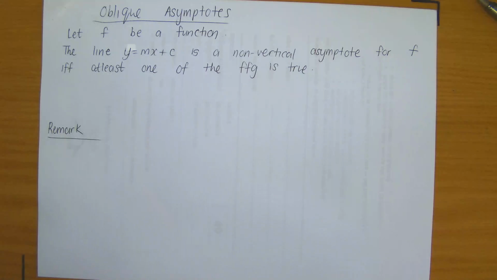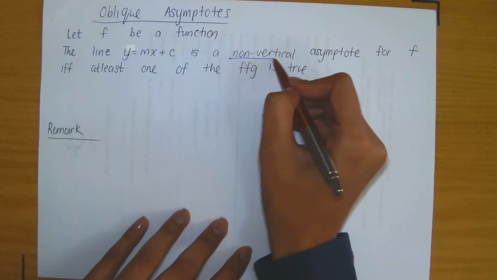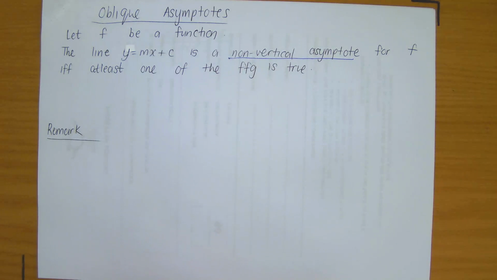Now finally, let's move on to oblique asymptotes. Alright, so moving on to oblique asymptotes. What is an oblique asymptote? Remember, we had seen that its form is y equals mx plus c, and I explained why we refer to it as a non-vertical asymptote.